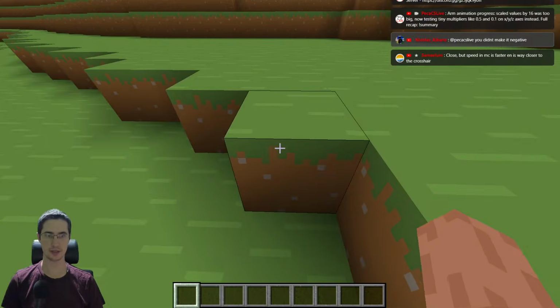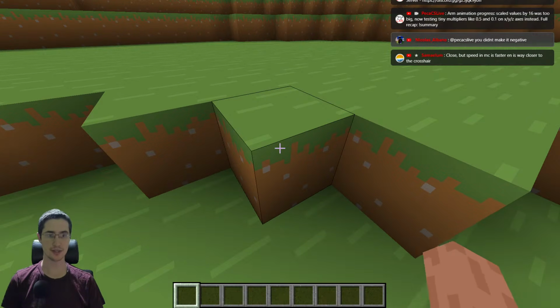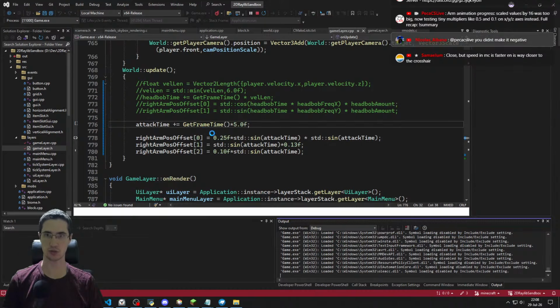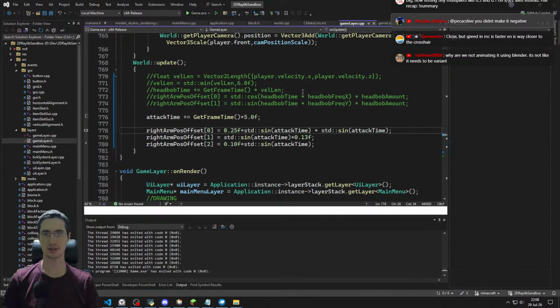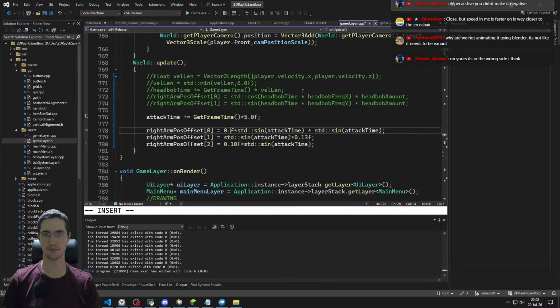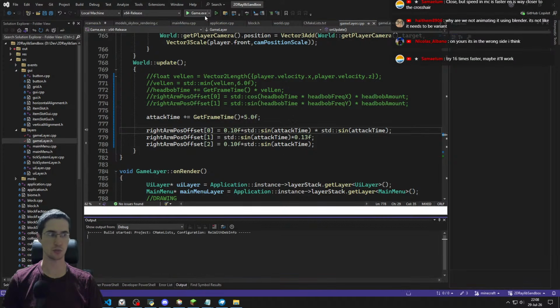And we need to make the y distance shorter and the x shorter. The x change, let's make it 0.1 as well.